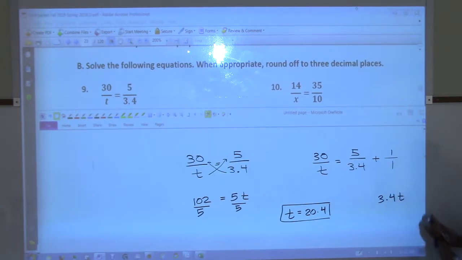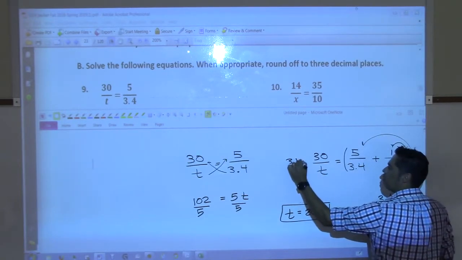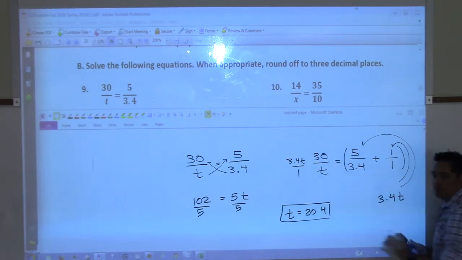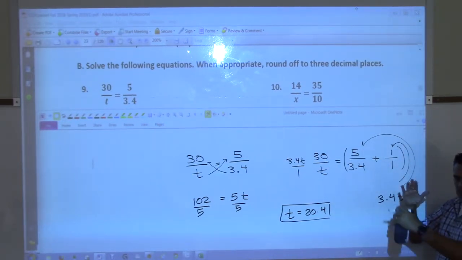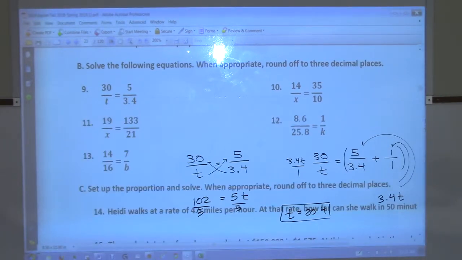So if we imagine distributing that here and here, but then also doing it on this side, 3.4t over 1, then you should be able to work it that way. But see, it's not cross multiplication. Yeah, I guess it's just the t's and all that. It just confused me a little bit. So I think all of these could have been done this way, right? So cross multiply, cross multiply, cross multiply.